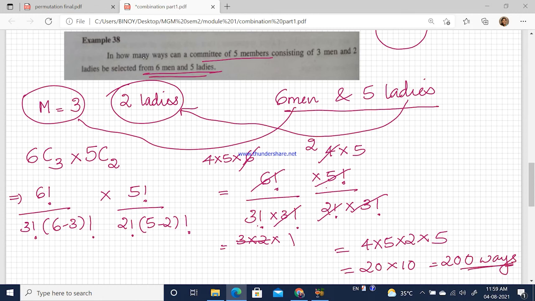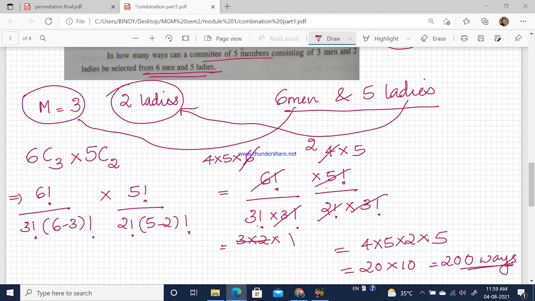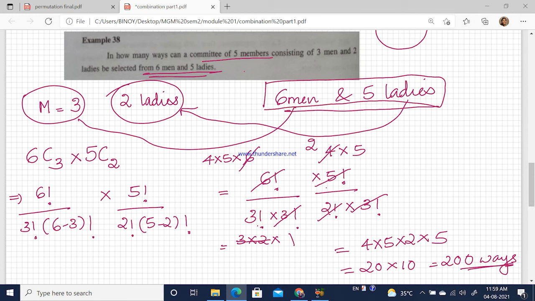I repeat. You need to generate a committee of 5 members. We are asked to find a committee of 5 members, and you have to select the 5 members from 6 men and 5 ladies. The 5 members consist of 3 men and 2 ladies.